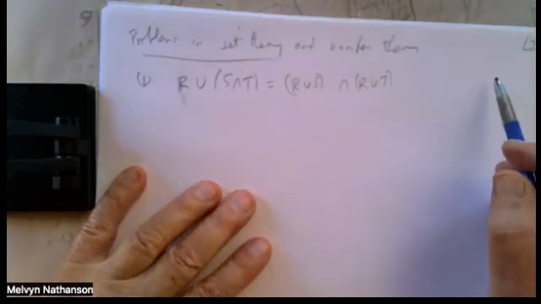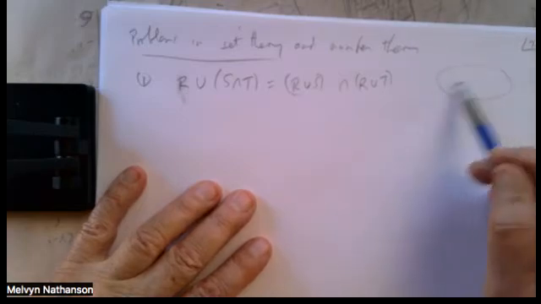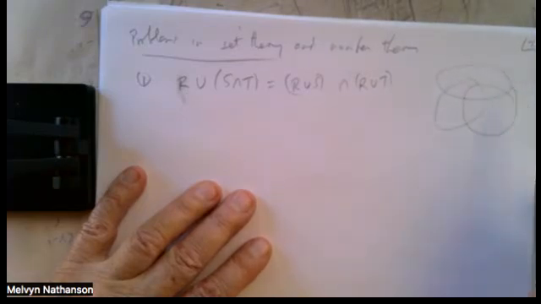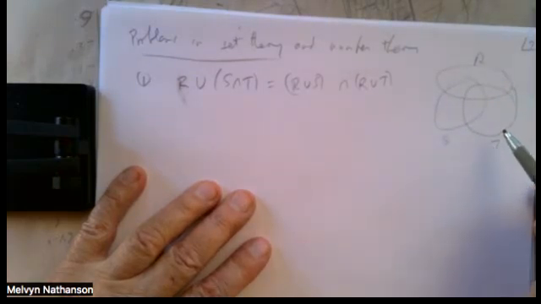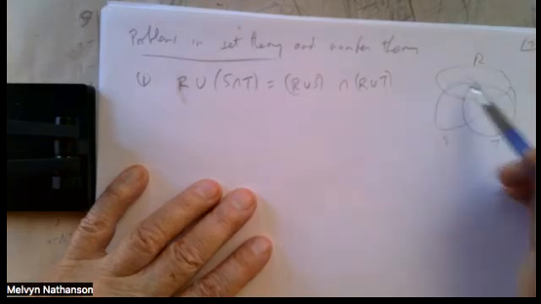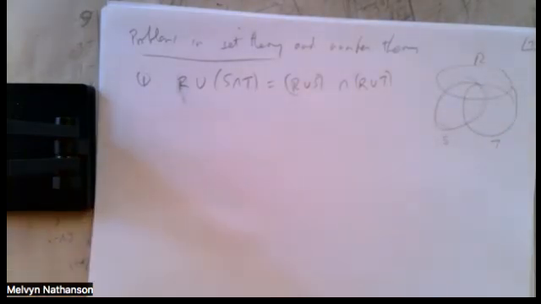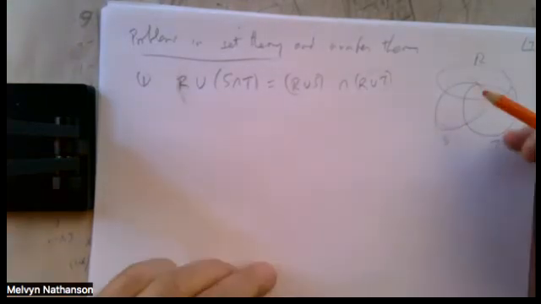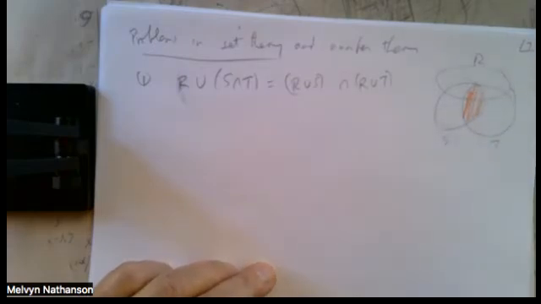Let's just draw a picture to try and see what's going on before we start the proof. So suppose this is R, this is S, and this is T. So S intersect T is this in the orange.